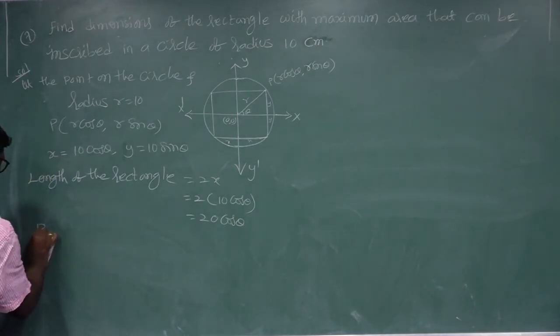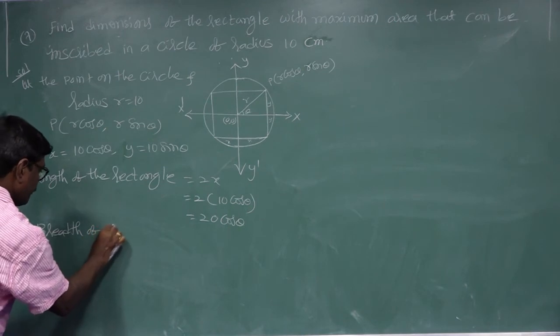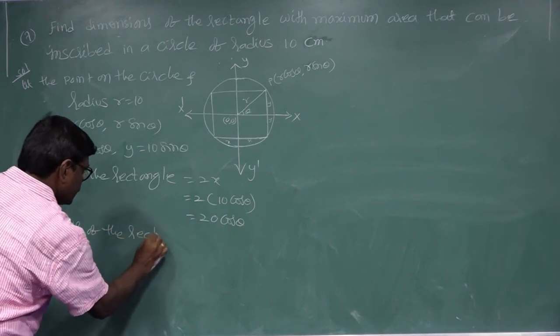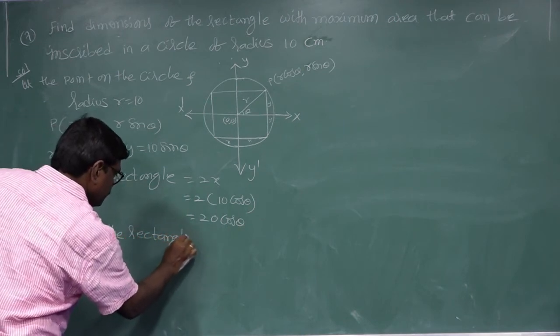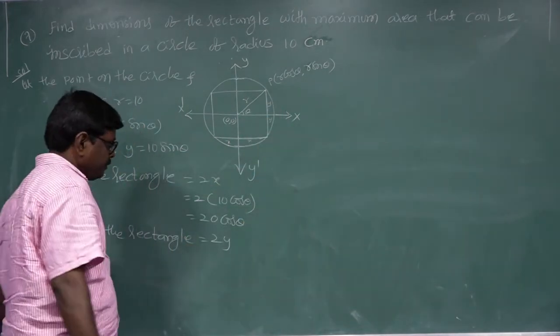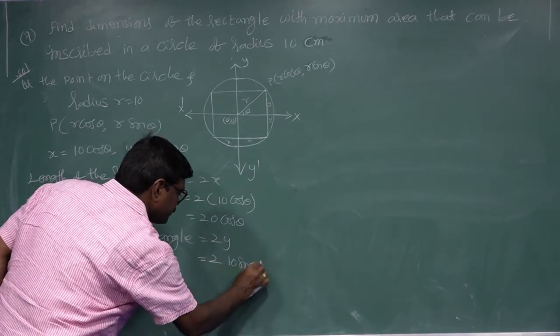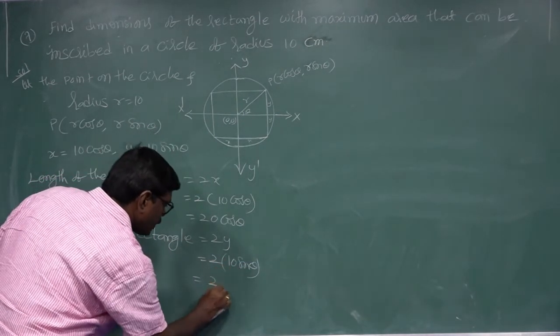Breadth of the rectangle is 2y, this is y plus y, 2y breadth, 2 into r sin theta equal to 20 sin theta.